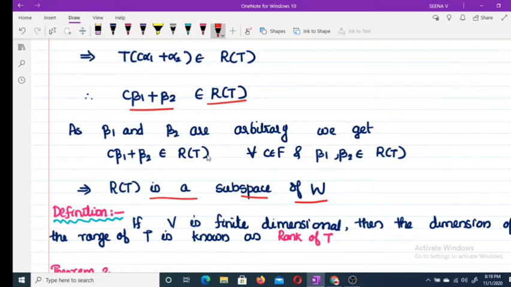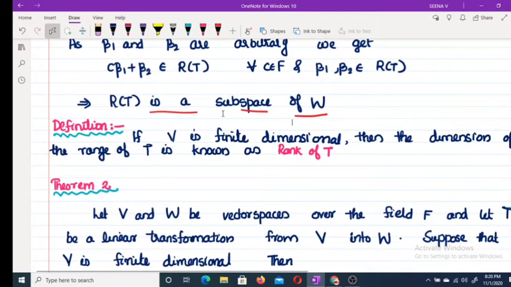Okay, thus we get N of T is also a subspace of V, and R of T is a subspace of W. Okay, now as in the previous case, here also, if V is finite dimensional, then the dimension of range of T is known as rank of T. I will verify whether it is V or W. I think it is V. If V is finite dimensional, then we have to check whether range of T is also finite dimensional.